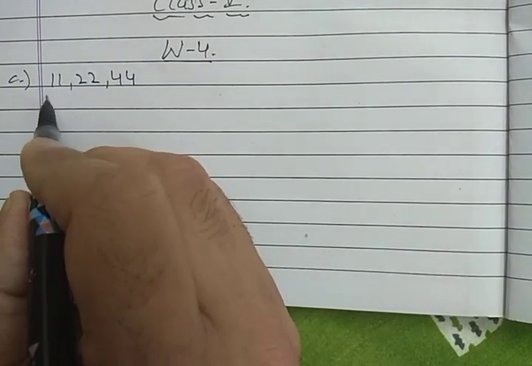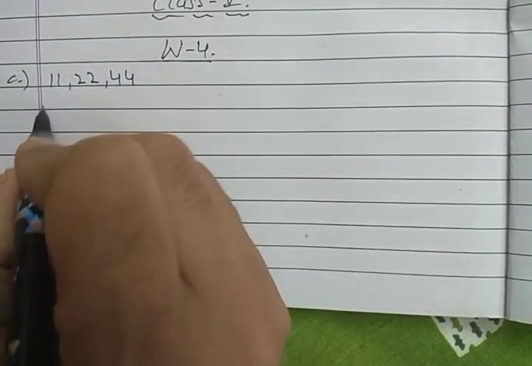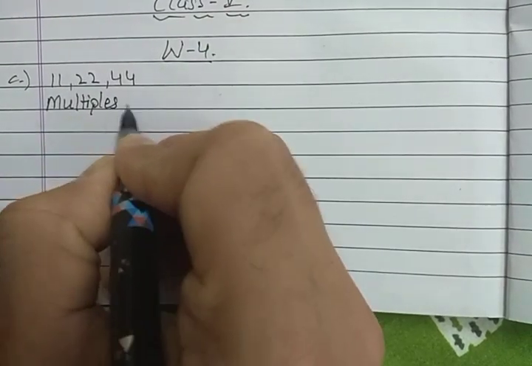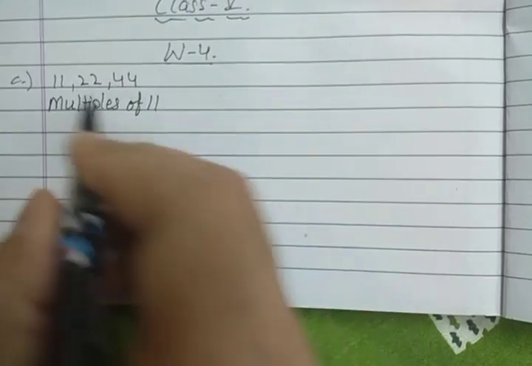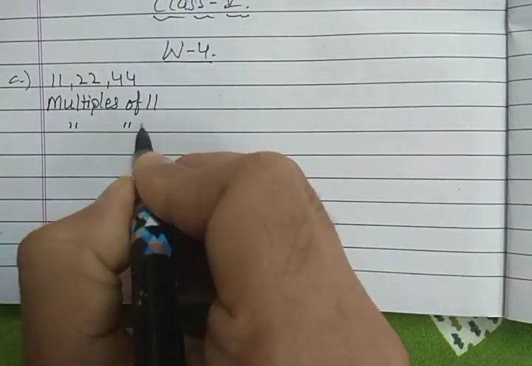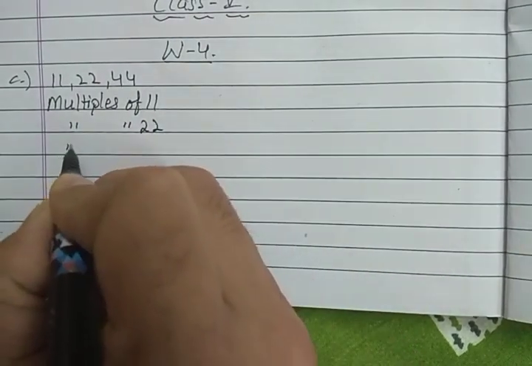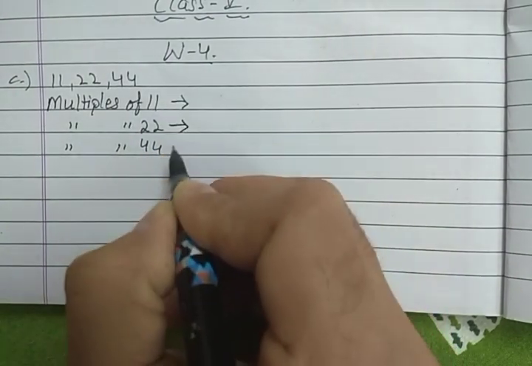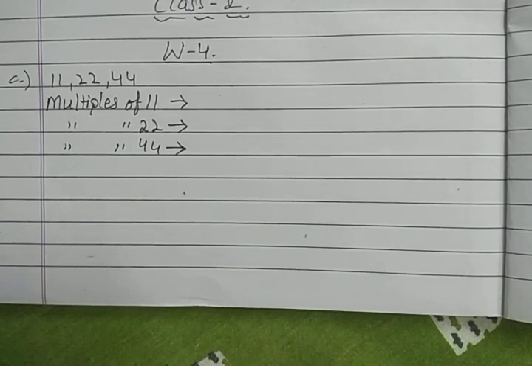So first of all, we have to write the multiples of 11, then multiples of 22 and then the multiples of 44. To find the least common multiple, we have to write the multiples.